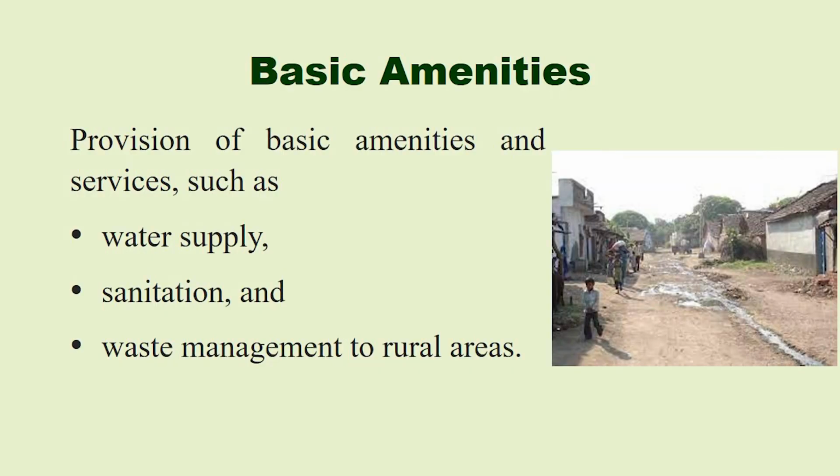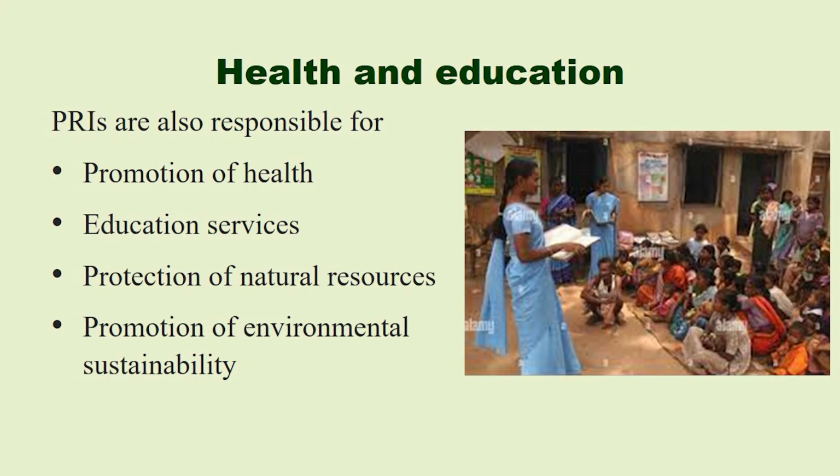Provisions related to basic amenities. The functional items of rural government in India also include the provision of basic amenities and services such as water supply, sanitation and waste management to rural areas. Provisions related to health and education. Panchayati Raj Institutions are also responsible for a range of other activities, which include promotion of health and education services in rural areas, protection of natural resources and the promotion of environmental sustainability.